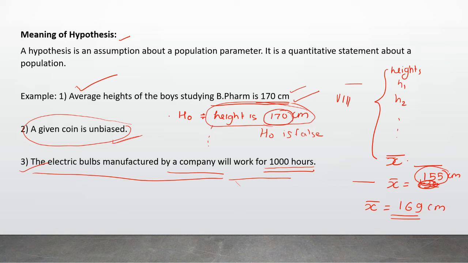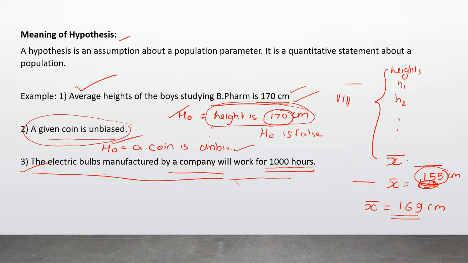Okay, at such points, since 170 and 169 is a very small difference, I may say that this H naught, or the null hypothesis, or my assumption that the average height is 170 centimeter, is true. Similar is the case of a coin is unbiased. In this case, I will put my H naught, or my null hypothesis, as a coin is unbiased. Then based on this I will proceed further, assuming that this thing is really true.